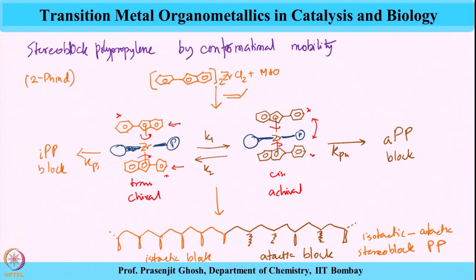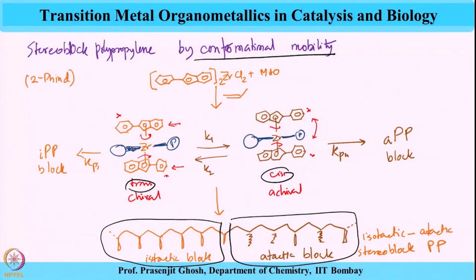And now this is very interesting because the point to note over here is that the conformational mobility that may exist between two forms, the trans form and the cis form, has been exploited or taken advantage of to produce polypropylene having two blocks, one isotactic and the other atactic, and that is done in a controlled fashion.